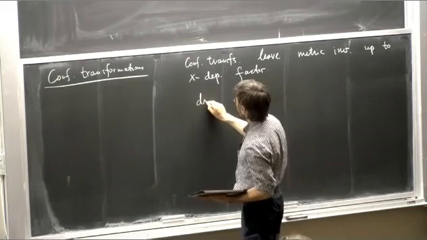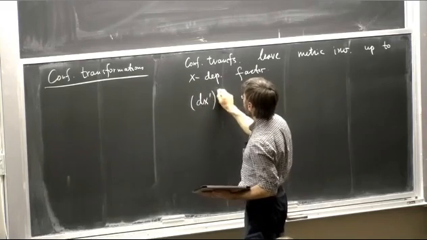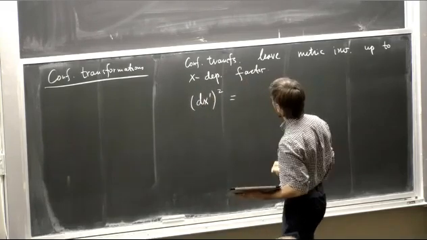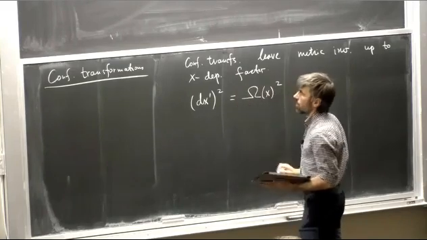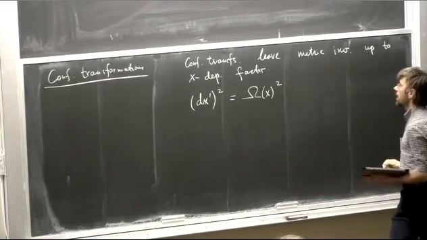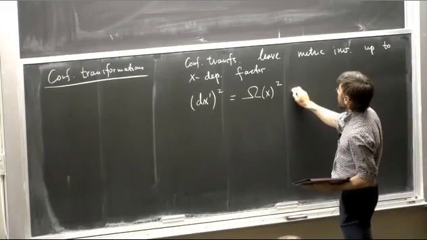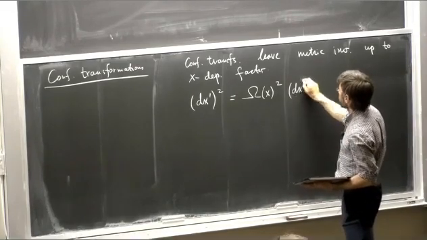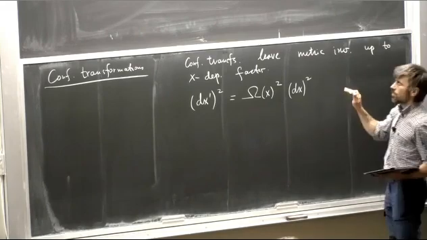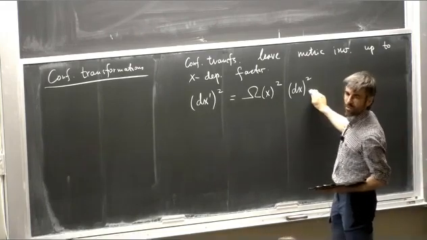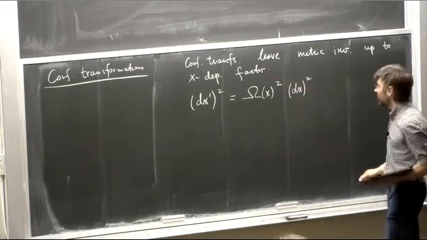What this means is that dx prime squared is equal to omega of x squared, where omega is the same as over there, times dx squared. Exercise number 1: you should convince yourself that this is equivalent to the other definition that I gave.